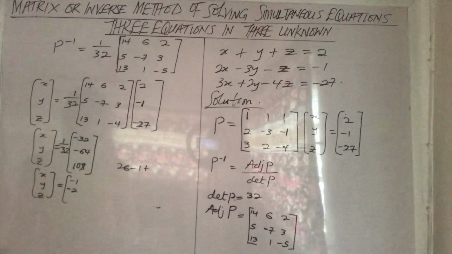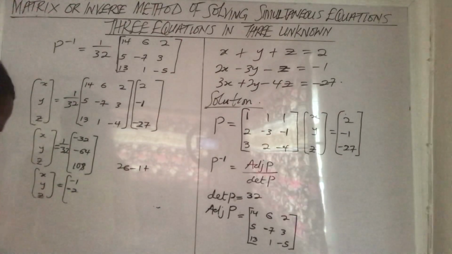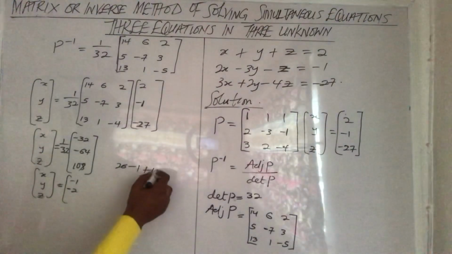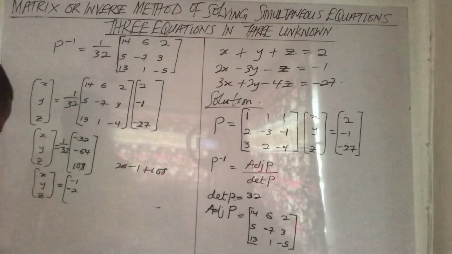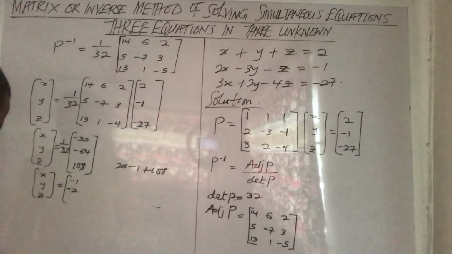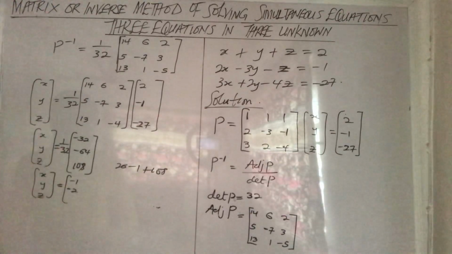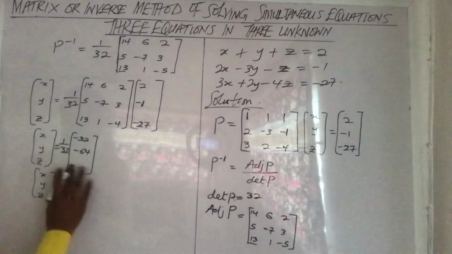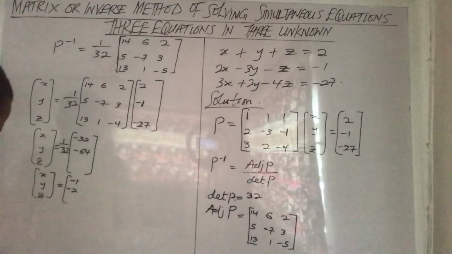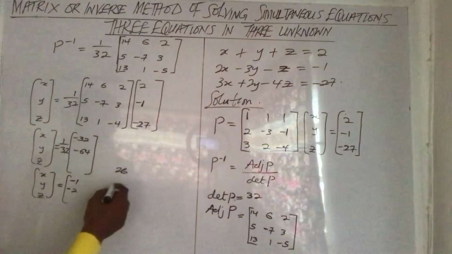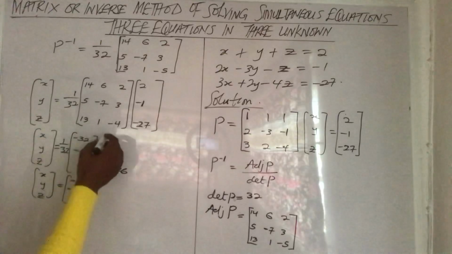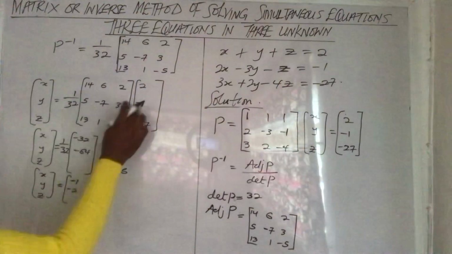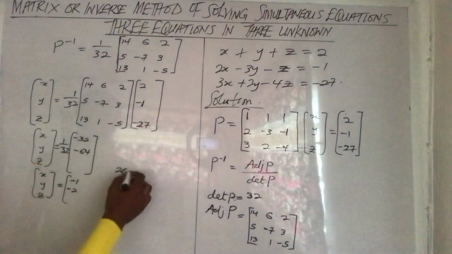So you have minus 4 times 27, that's minus 108. Let me continue: 13 times 2 is 26. Then 1 times this, that's 1 times 1, that's minus 1.